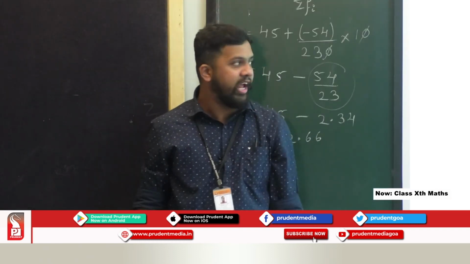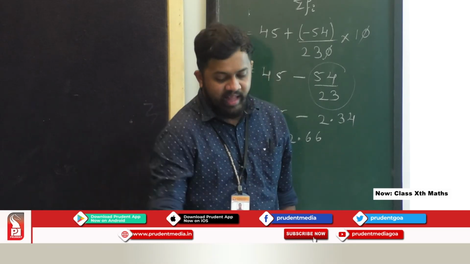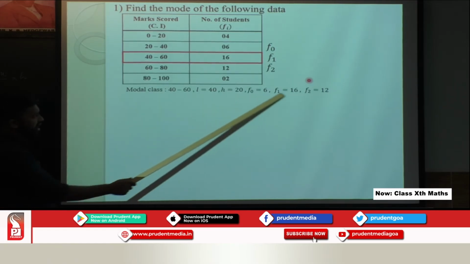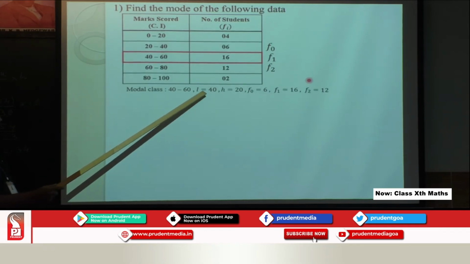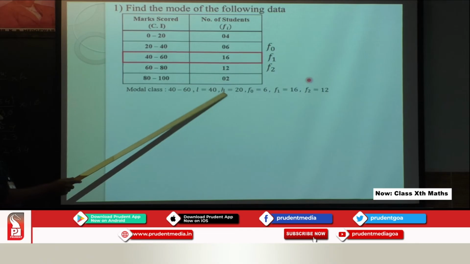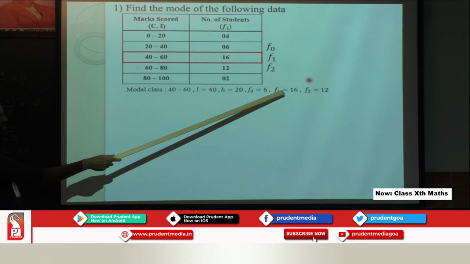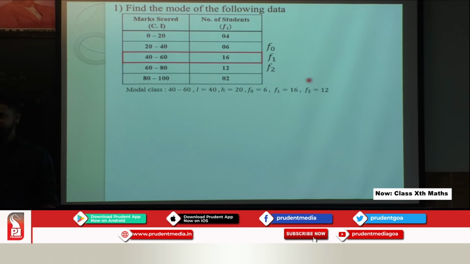I have labeled F0, F1, F2. Then we'll write everything we require in the formula. Please write this in the exam also. We get marks for writing this part. We write modal class 40 to 60, lower limit 40, H 20, F0 6, F1 16, F2 12. So all your requirements are ready.